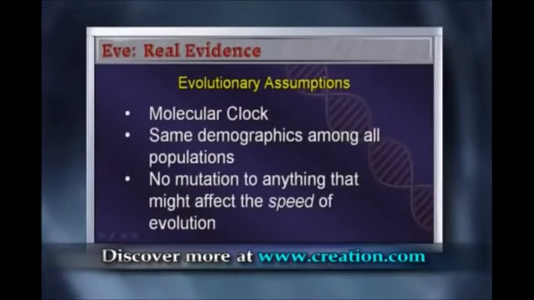This chart, though, has some assumptions behind it. I want to point that out for the audience. The biggest assumption behind most molecular studies in evolution is called the molecular clock. It's the belief that mutations accumulate at the same rate in all populations. But that depends upon several things. It means that the generation time has to be the same amongst all cultures. It means that they have to have the same number of children.